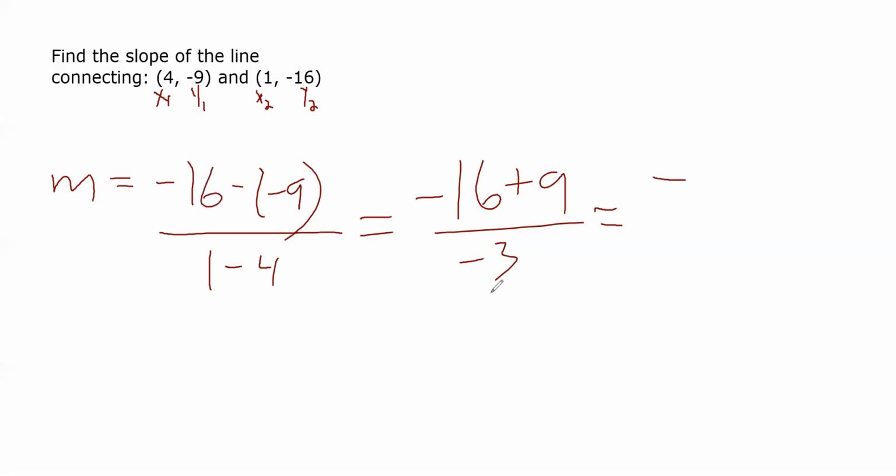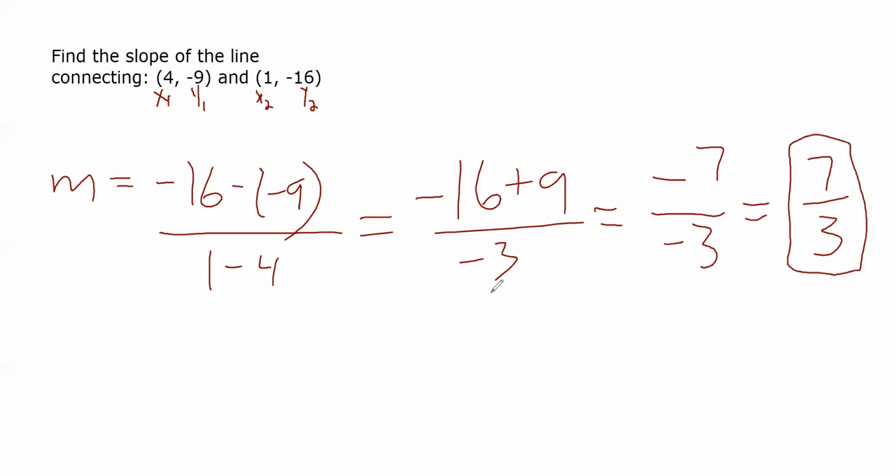And then just think, I'm starting at -16, I have to move 9 units to the right. So you can think of it like that on a number line. I end up with -7 divided by -3, but again, that's a negative divided by a negative, which is positive. Now, the 7/3 doesn't simplify any better than that, but you can tell yourself I'm canceling out the negatives. That's fine, but it's the same thing in spirit as positive 7/3.